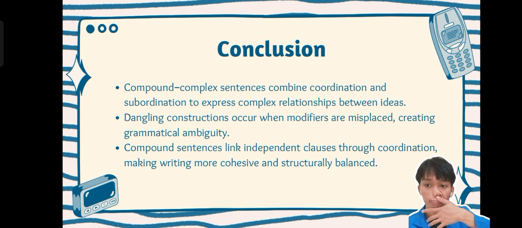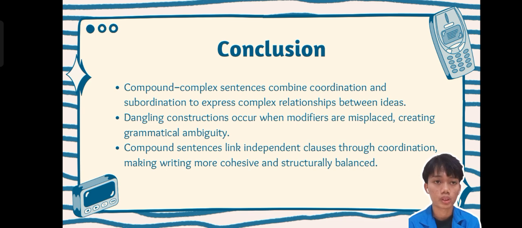To conclude, we can summarize the main points. Compound-complex sentences combine coordinating and subordinating conjunctions to express complex relationships. Dangling constructions occur when modifiers are misplaced or illogical.